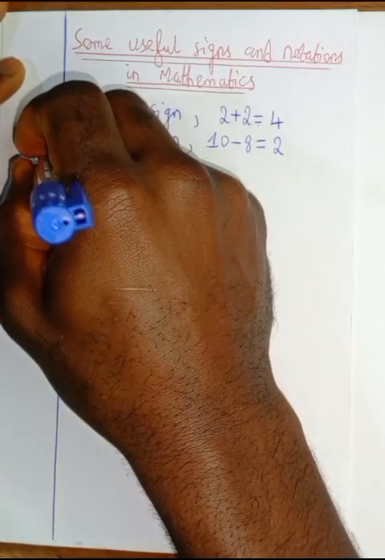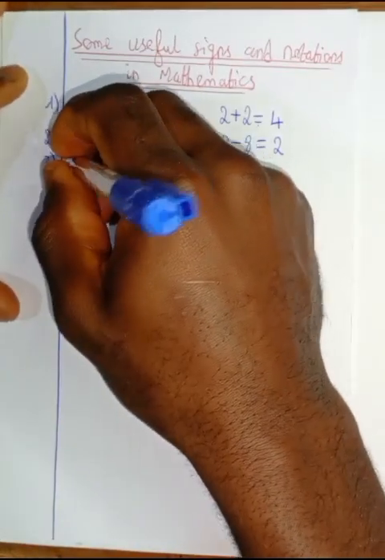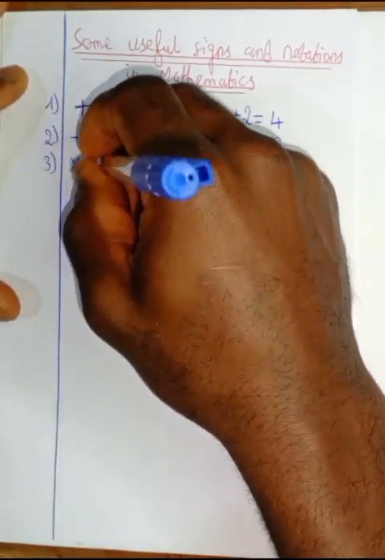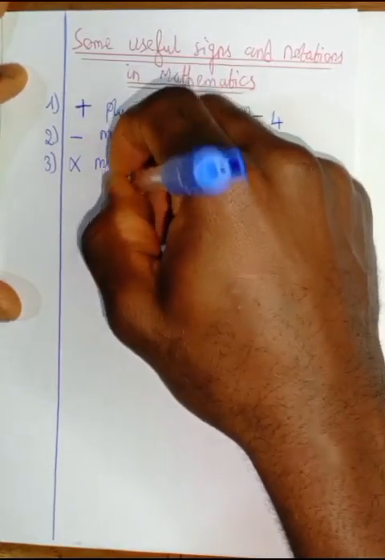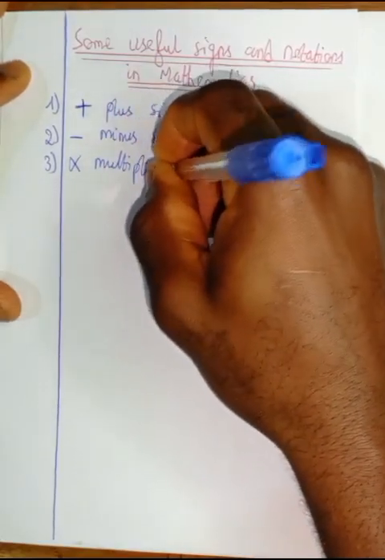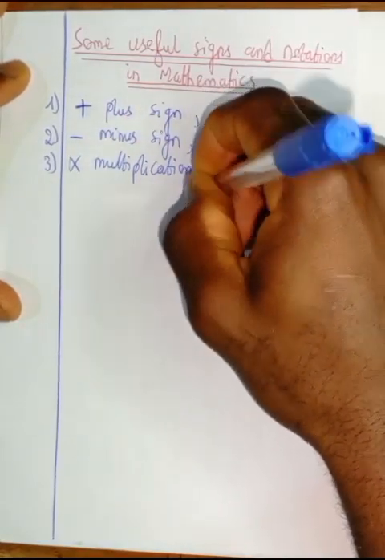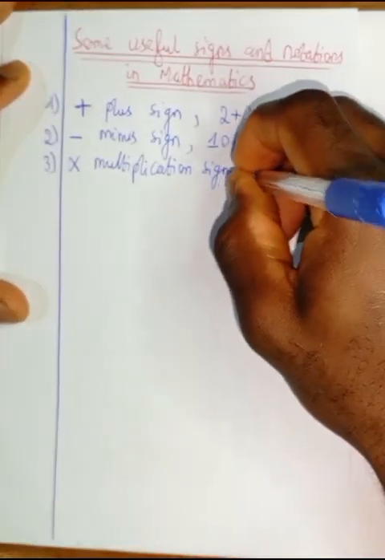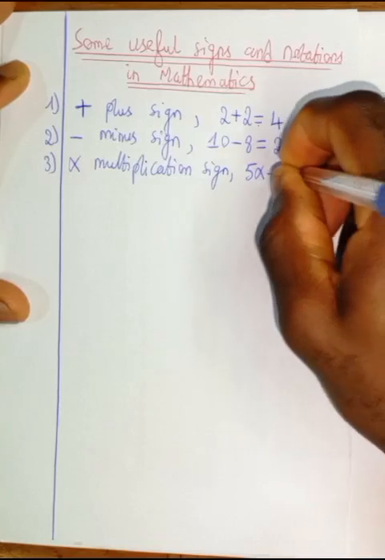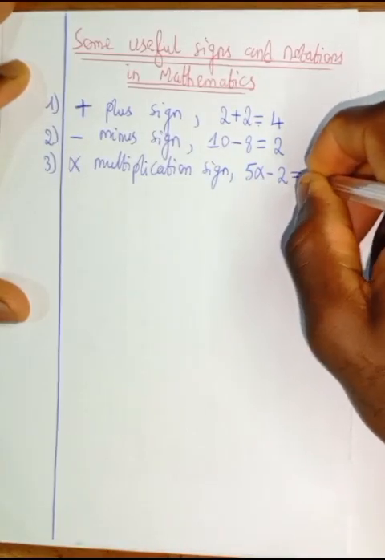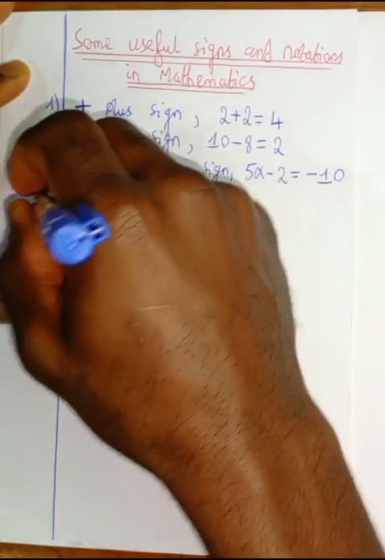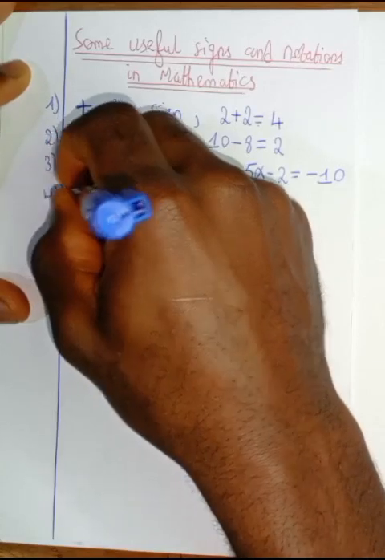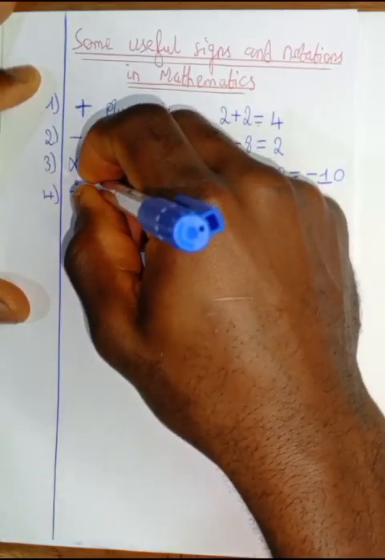We go to 3. For 3, we have the multiplication sign. For example, if we take 5 times negative 2 is equal to negative 10. 4, we have the division sign.